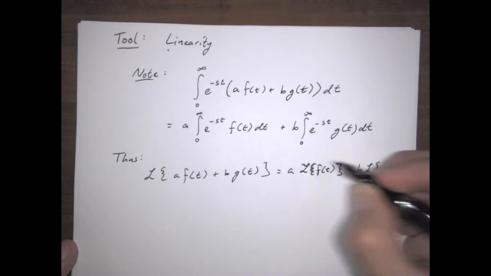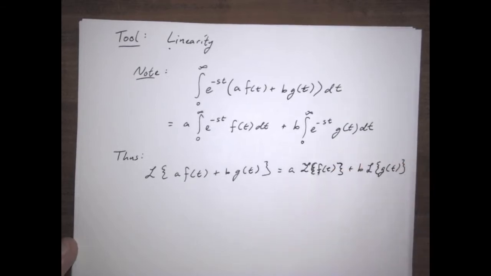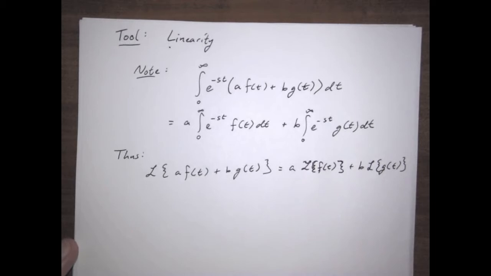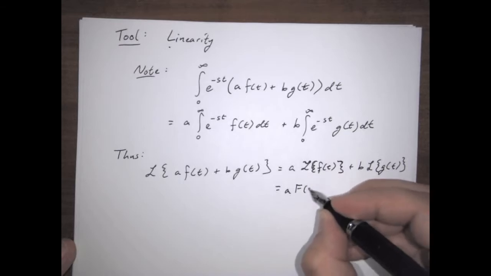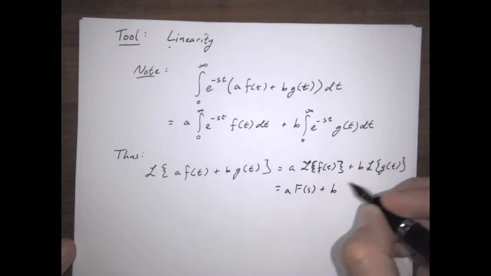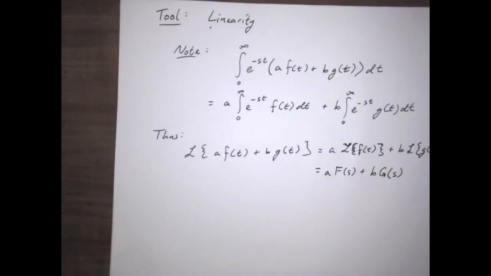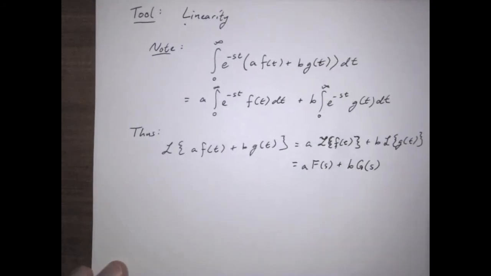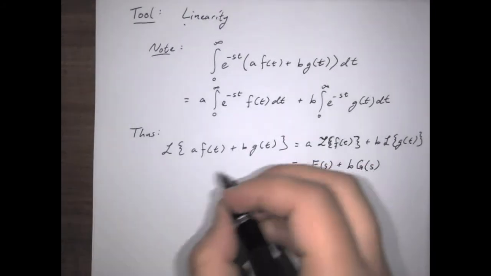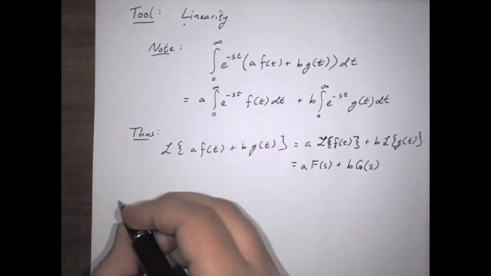This should just have been an ordinary script L. Script L is the usual notation used here. So in other words, a times F of s plus b times G of s. If we are able to figure out the Laplace transforms of certain basic kinds of functions, we can combine them by linear means.